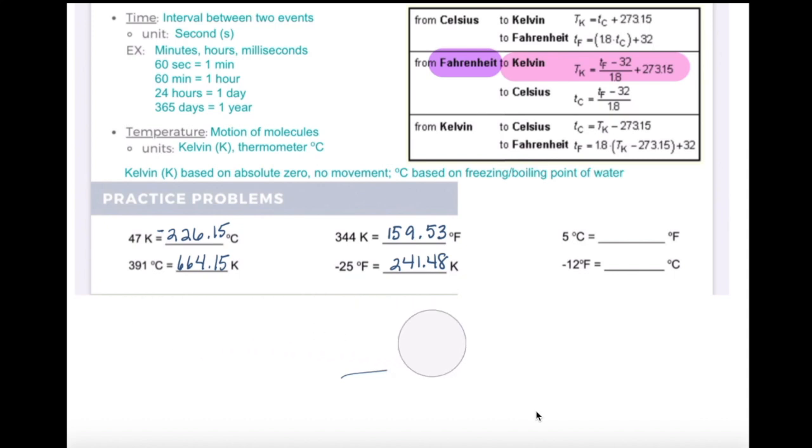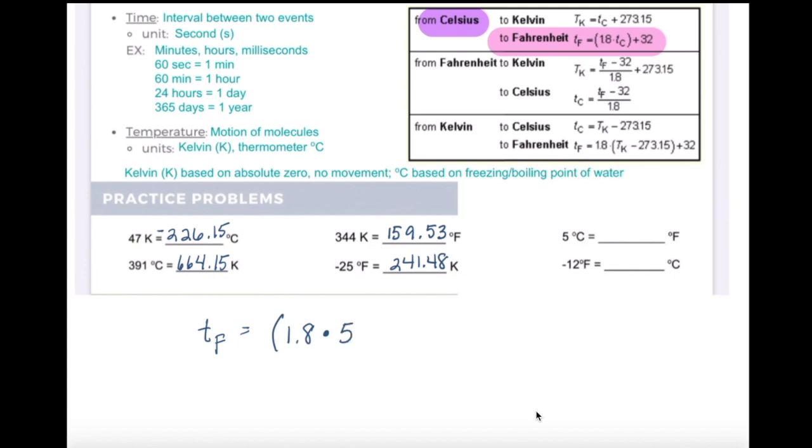On to the next one. We have 5 degrees Celsius, and we're going to Fahrenheit. Okay, so plugging it in, the temperature in Fahrenheit is equal to 1.8 times the temperature in Celsius, which is 5, and then add 32.